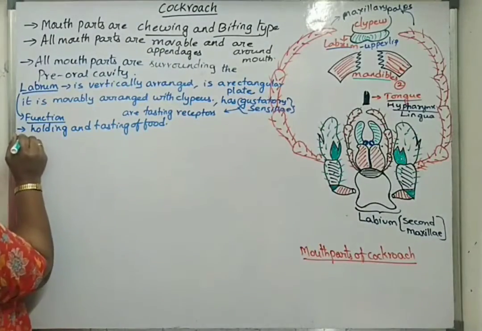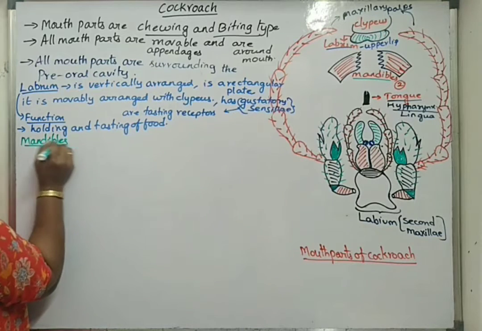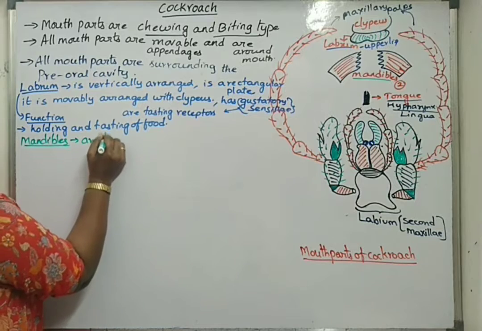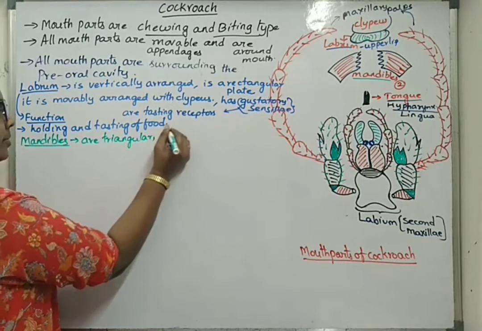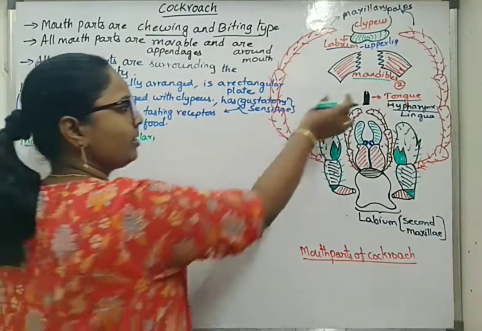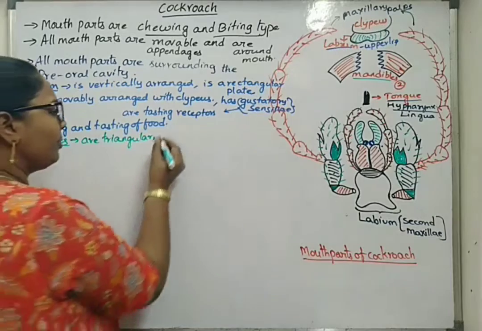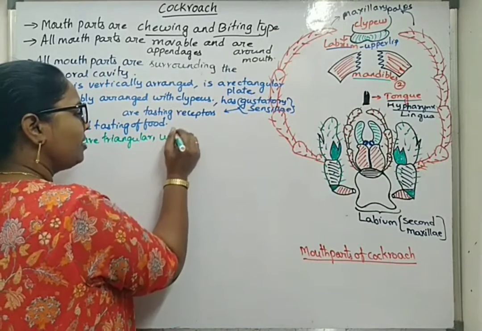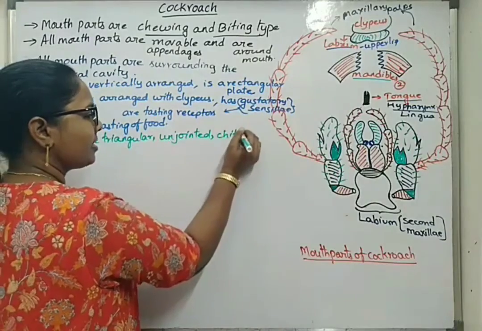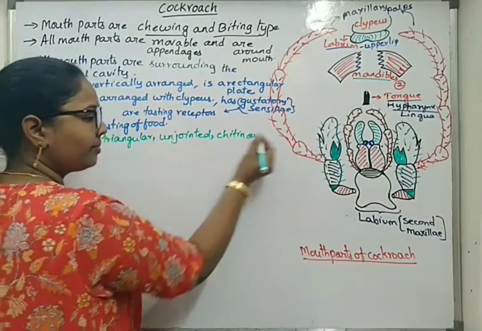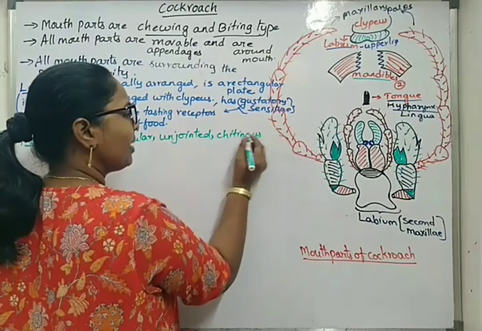Next is about mandibles. So mandibles are triangular. They are not jointed with each other. They are arranged separately on either side, on left and right side of the body. So we say they are unjointed, chitinous mandibles.